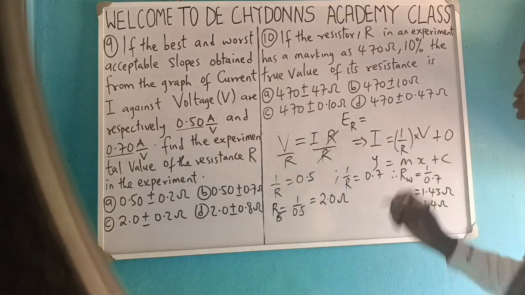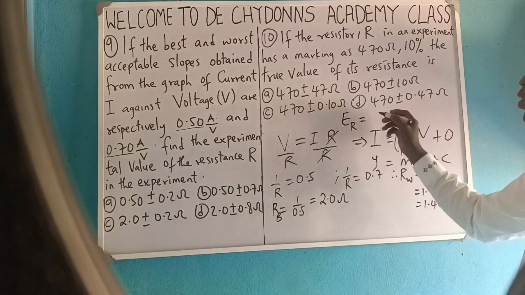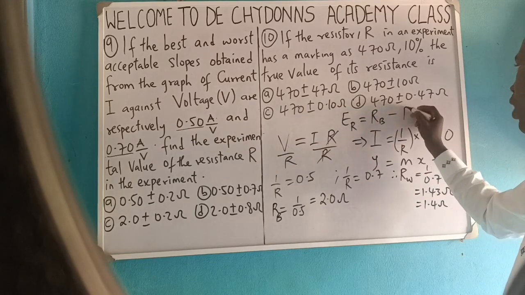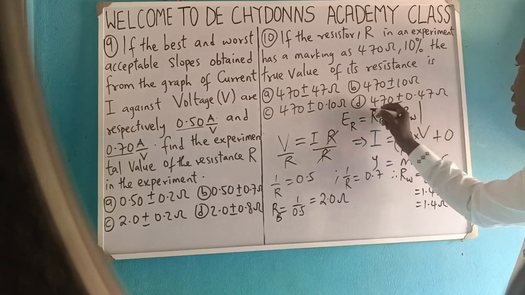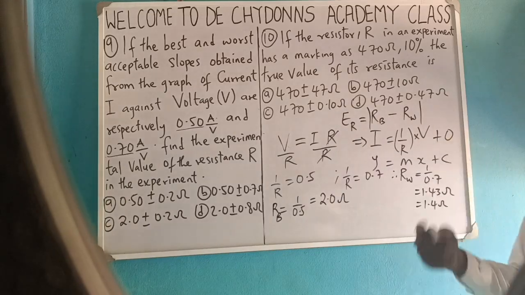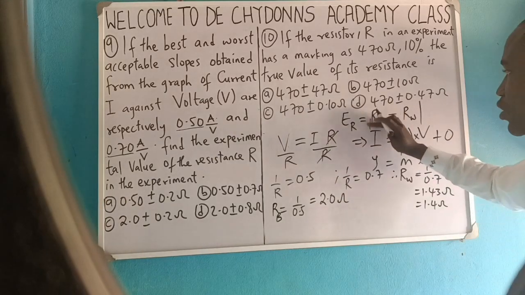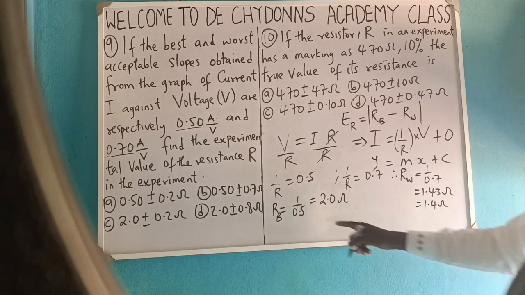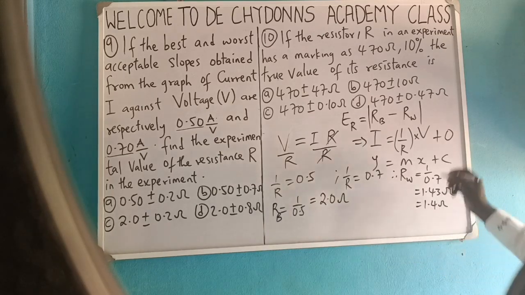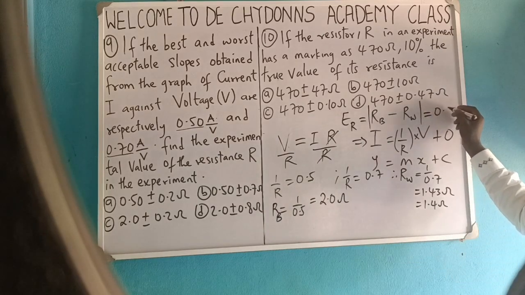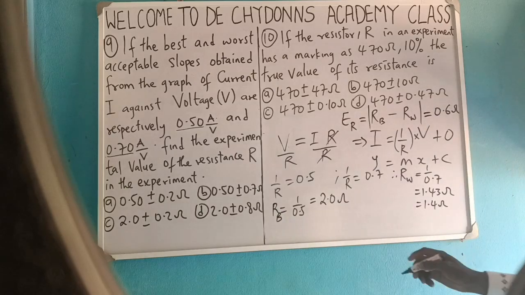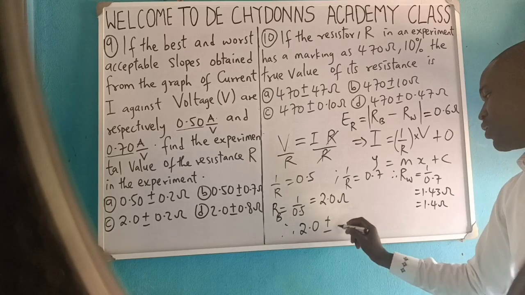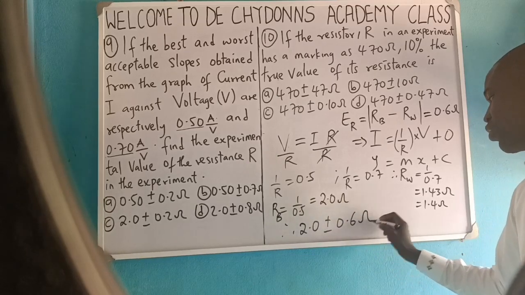Because we got this from slopes, we will say the error is the best minus the worst, and we take the modulus of it in case it is negative. So 2.0 minus 1.4 gives you 0.6 ohms. That means our final answer will be 2.0 plus or minus 0.6 ohms.